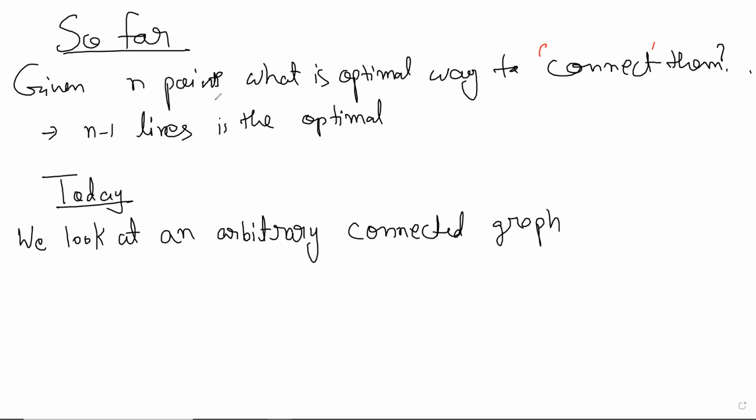You see, we started with endpoints and then we saw how to get the different types of connected graphs, the best connected graphs, which we call trees. But today we want to start with a connected graph, so you can understand that some possibilities are given and from there we have to choose.